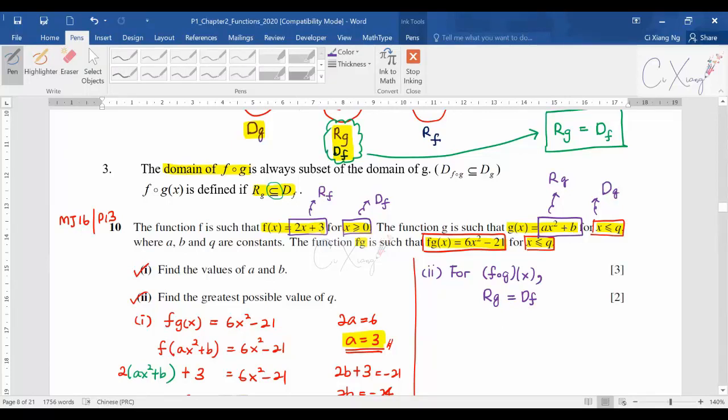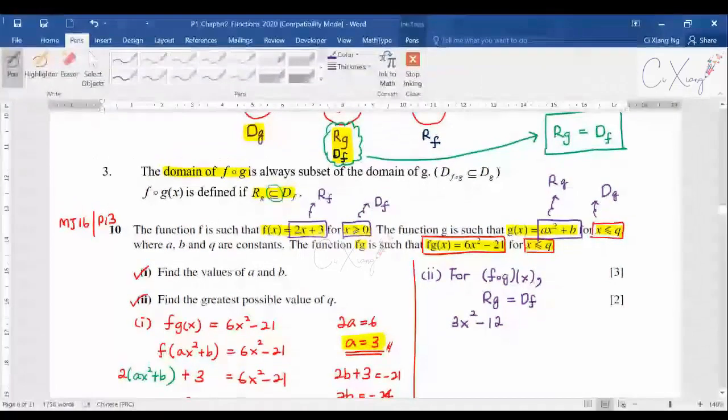What is the range of G? The range of G will be ax squared plus b. So what is your a? a is 3. So 3x squared plus b, which means minus 12. So what is the domain of F? The domain of F is x greater or equal to 0.